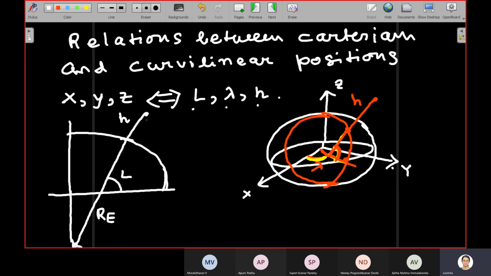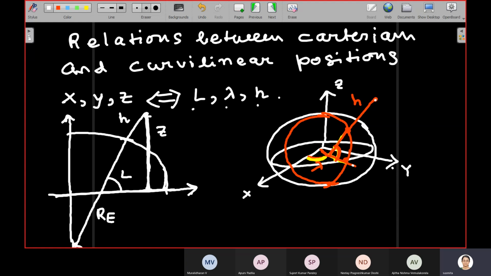And this distance is Z. Basically, it is difficult to show it in 3D. On the left figure, this is the Earth spin axis, and the Z axis is along the Earth spin axis. So this is the Z coordinate. This line is in the equatorial plane, so this distance is Z.